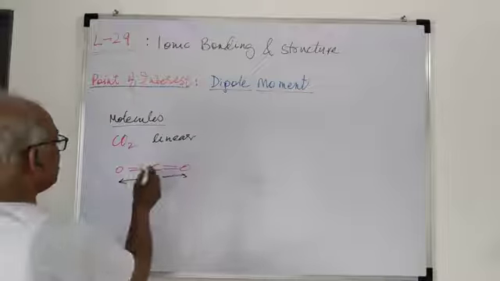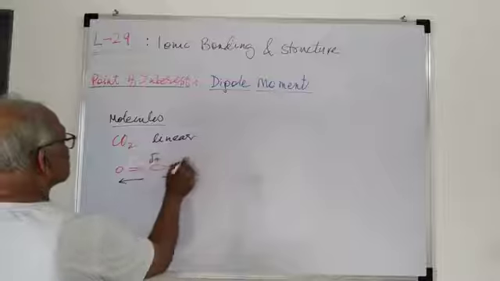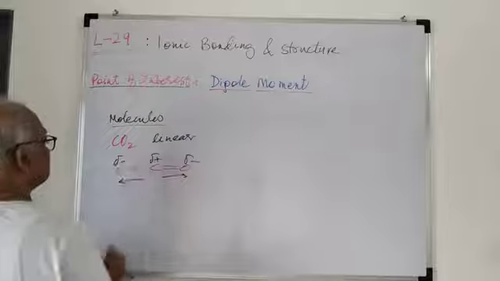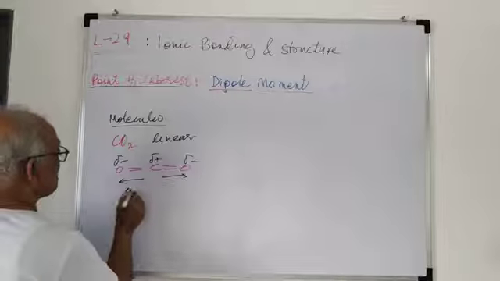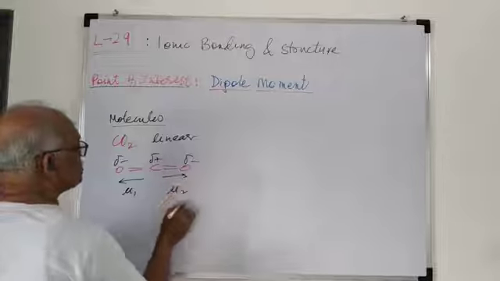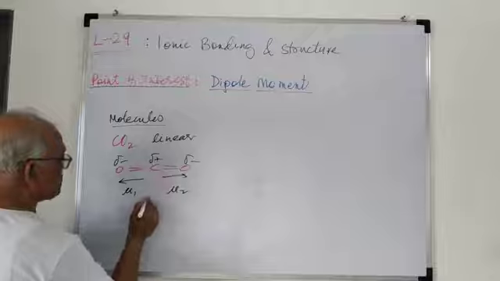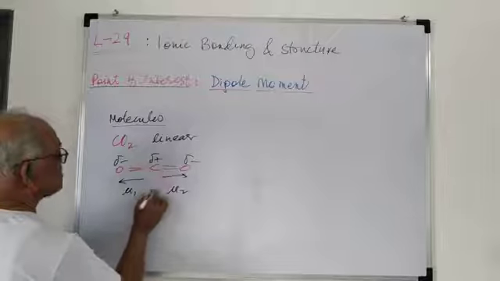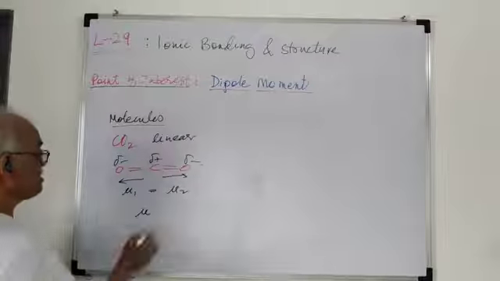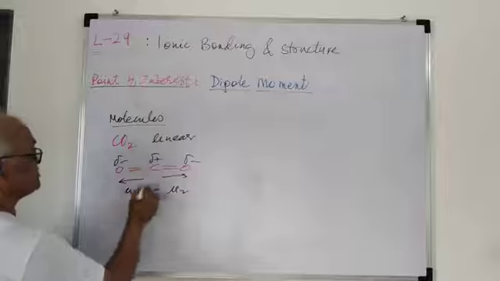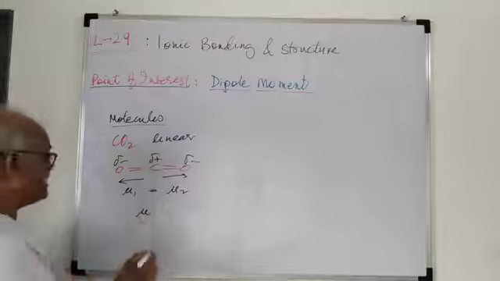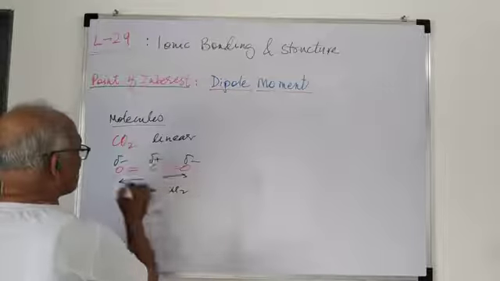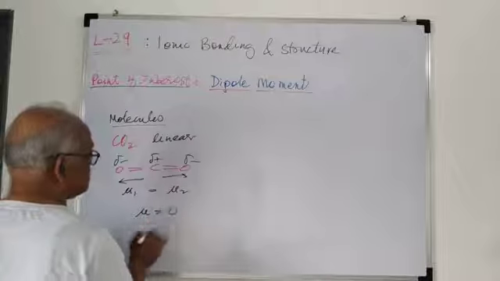So the dipole moments mutually cancel. The dipole moment of one bond is mu1 and the other is mu2, and mu1 is equal to mu2. The dipole moments of both bonds are mutually cancelled, and therefore the net dipole moment of this molecule is 0.